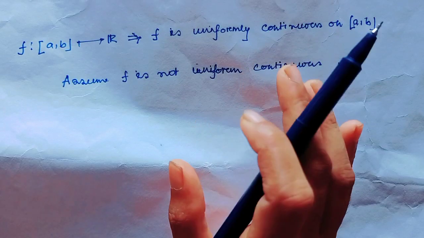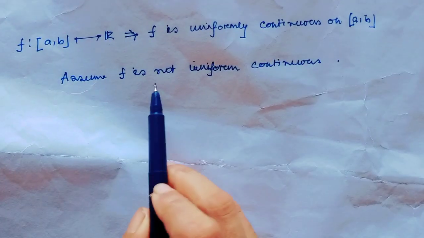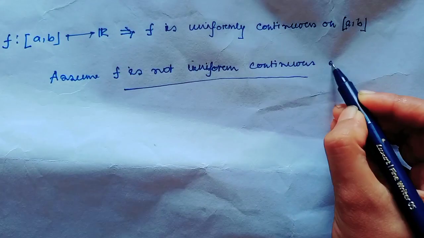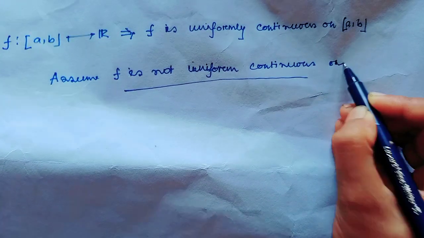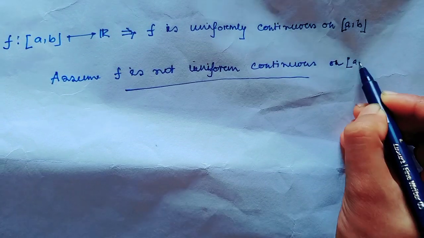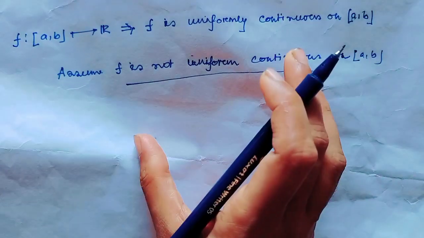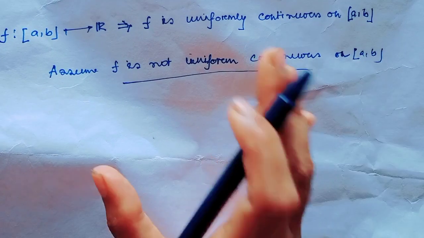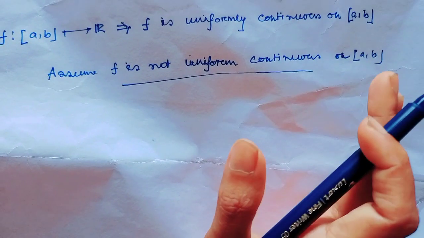That means, since I have assumed f is not uniformly continuous on the domain [a, b], therefore there exists one epsilon for which no delta works.